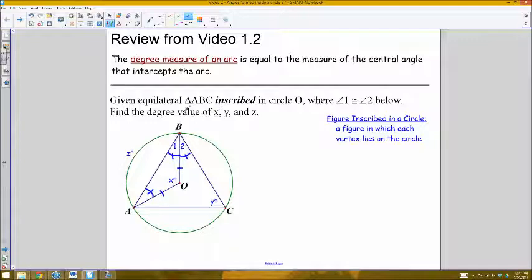Since triangle ABC is equilateral, that also means it's equiangular, and since each triangle contains 180 degrees, 180 divided by 3 would equal what each of those three equal angles would have to be. So that's going to be 60 degrees. That tells me that angle Y has to be 60 degrees. So that gets me Y.